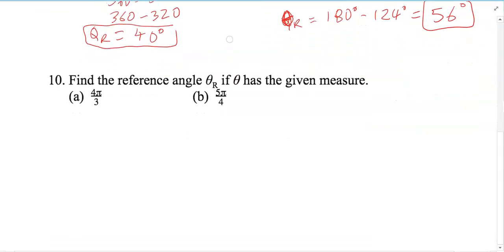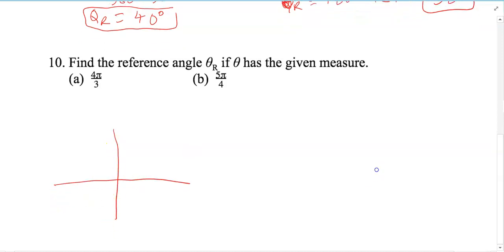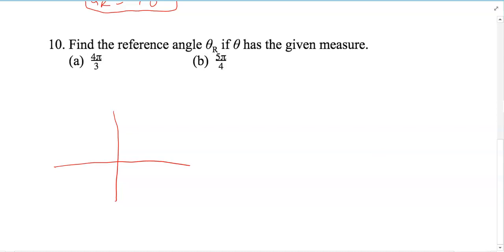Find the reference angle if theta has a given measure of 4 pi over 3. So we want to know which quadrant 4 pi over 3 is in.